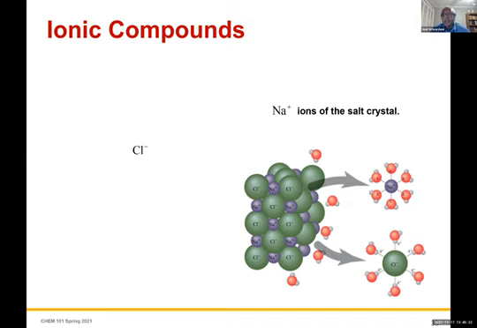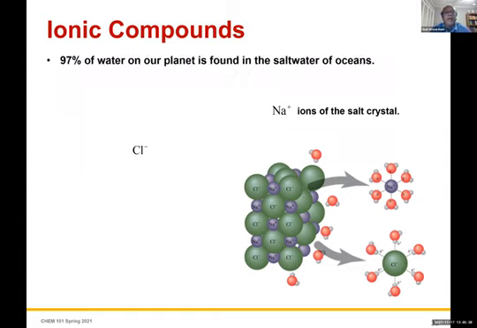They are surrounded by water molecules. This process is called solvation or hydration. The energy required to break up sodium chloride is provided by solvation energy. Therefore, sodium chloride is soluble. 90% of water on the planet is found in the salt water of oceans. This is how sodium chloride is dissolved in seawater.